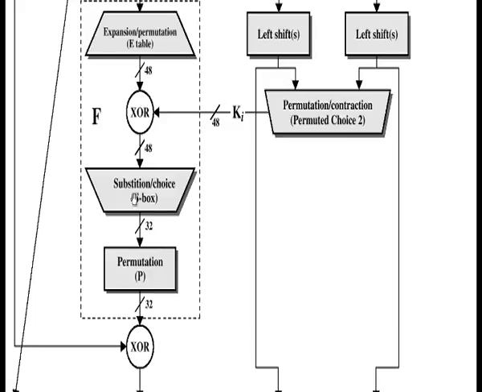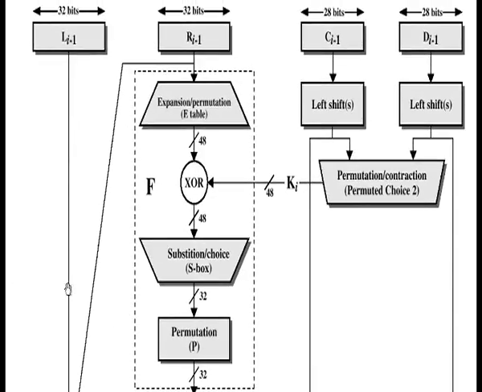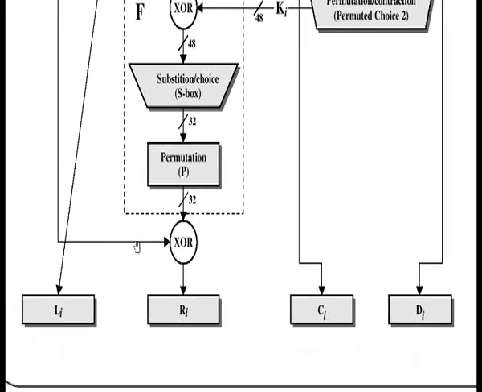So, we can see that it is giving a 32 bit after compressing the value, and finally it goes for some confusion with respect to your permutation, with the help of that we get the 32 bit value, and finally our left half is XORed with the actual result we obtain after the permutation, and the new Ri is generated.